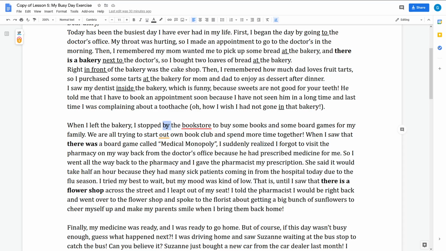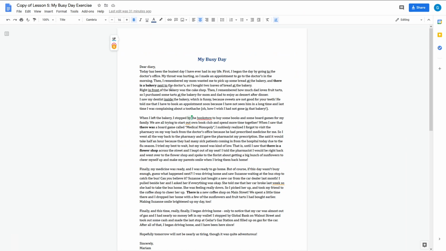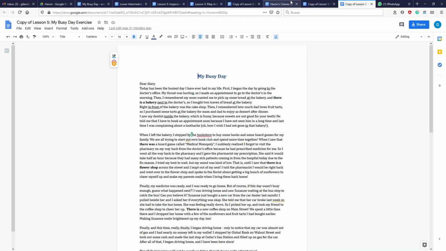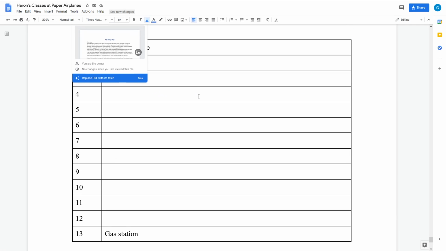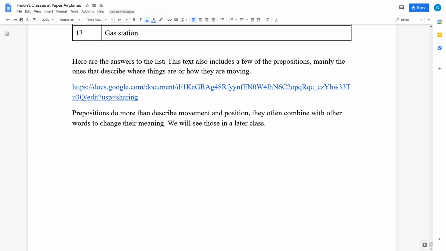But find the ones that are to do with movement and position. So, that's your task for today. And you can complete the places here, and we can talk about prepositions later in another class.